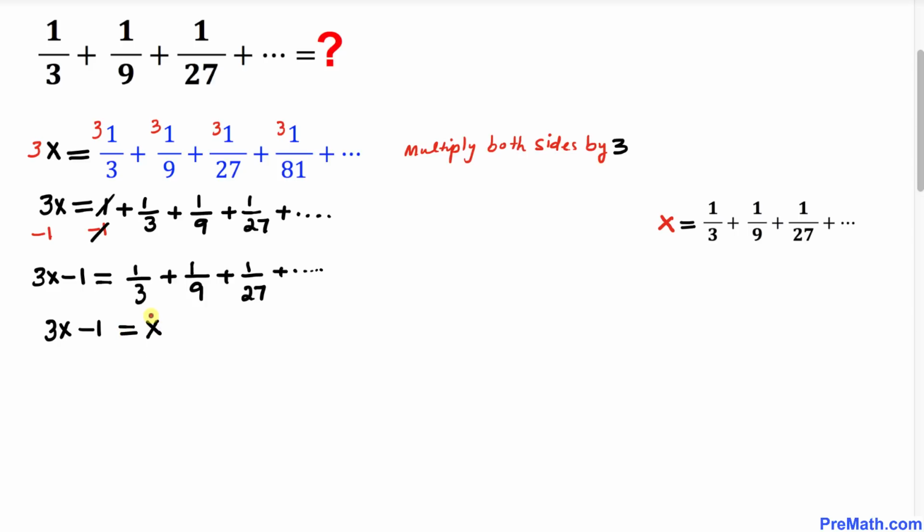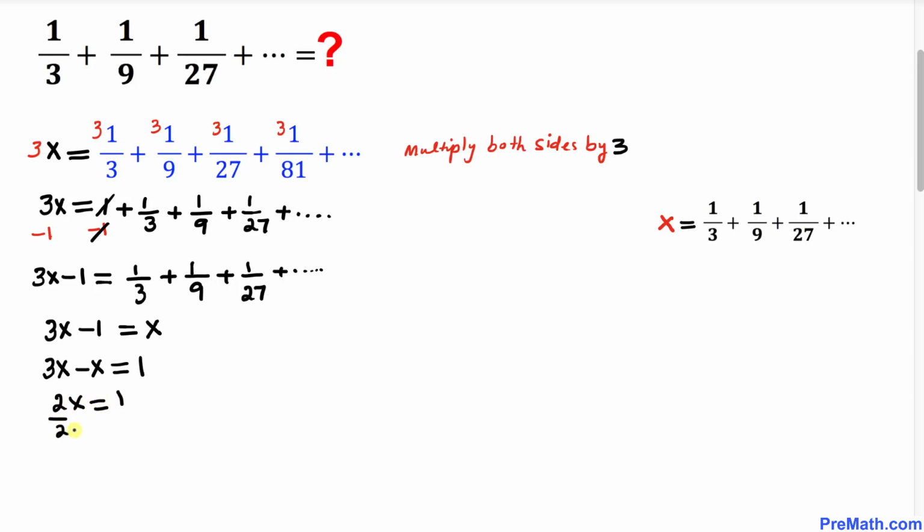And now let's go ahead and move this x on the left hand side, and at the same time I'm going to move this -1 on the right hand side. So therefore I can write 3x minus x equals to 1. So this simply becomes 2x equal to 1. Let's solve for x.